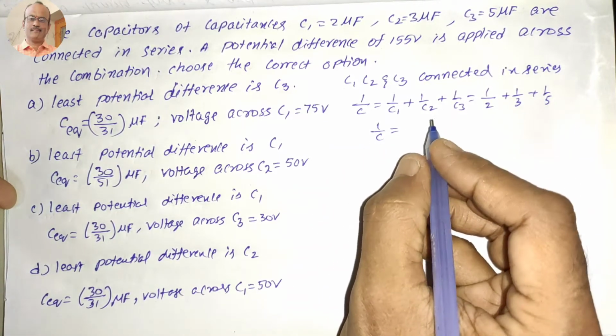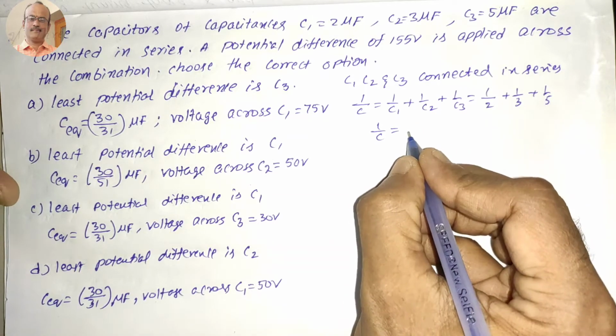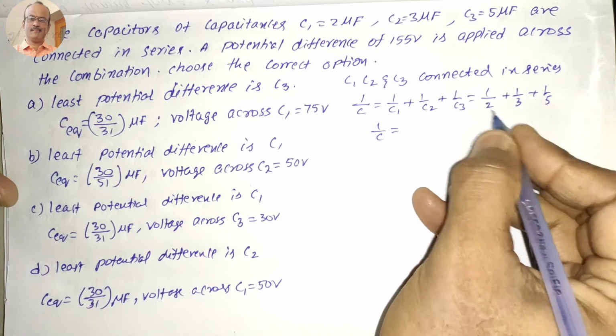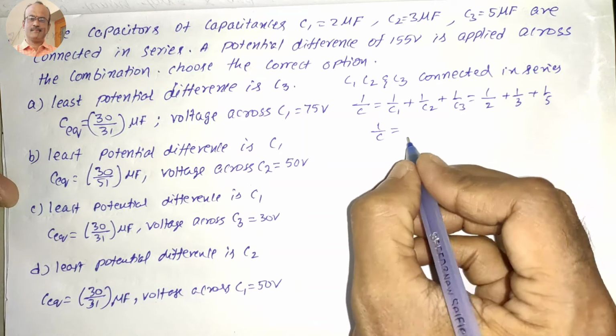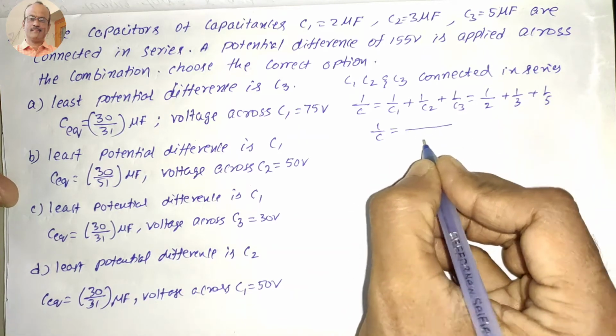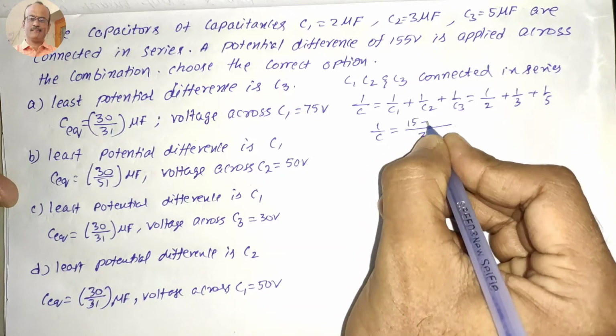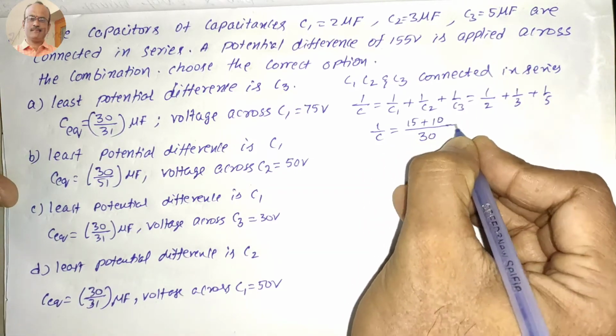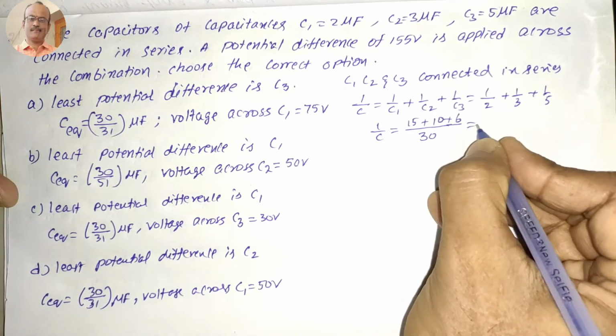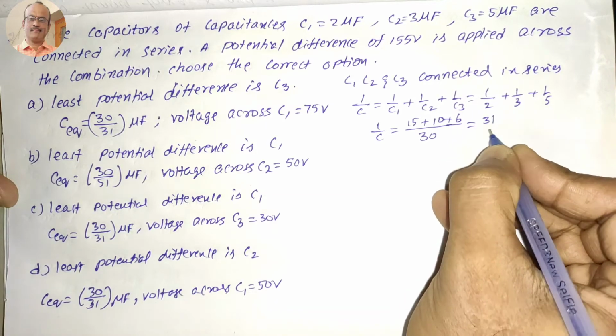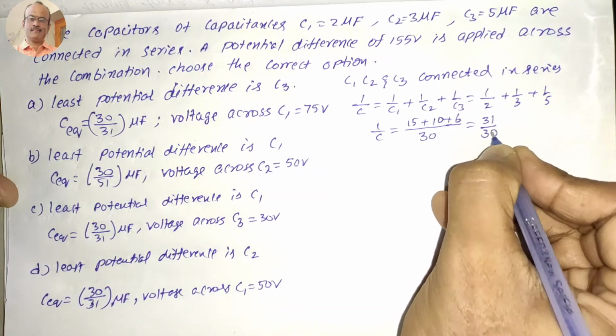We will take the LCM as 30: 2 15s are 30, 3 10s are 30, 5 6s are 30, this is 31 divided by 30.